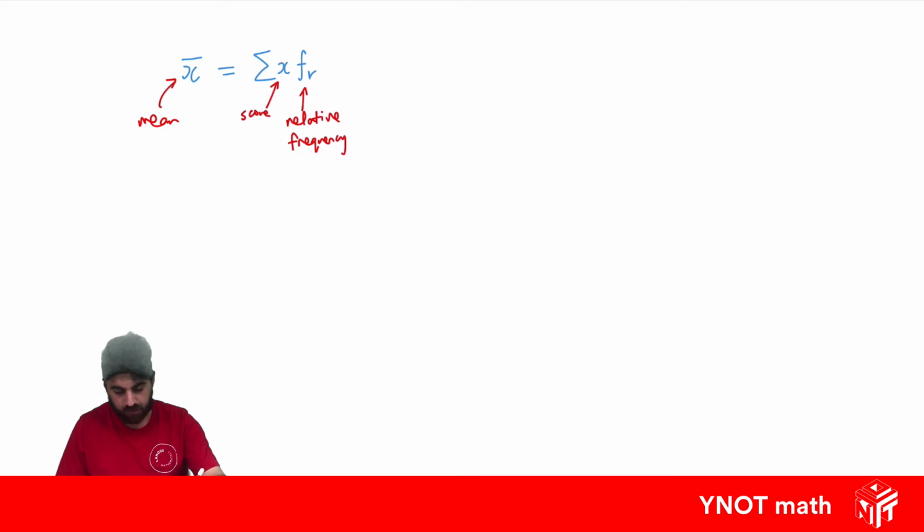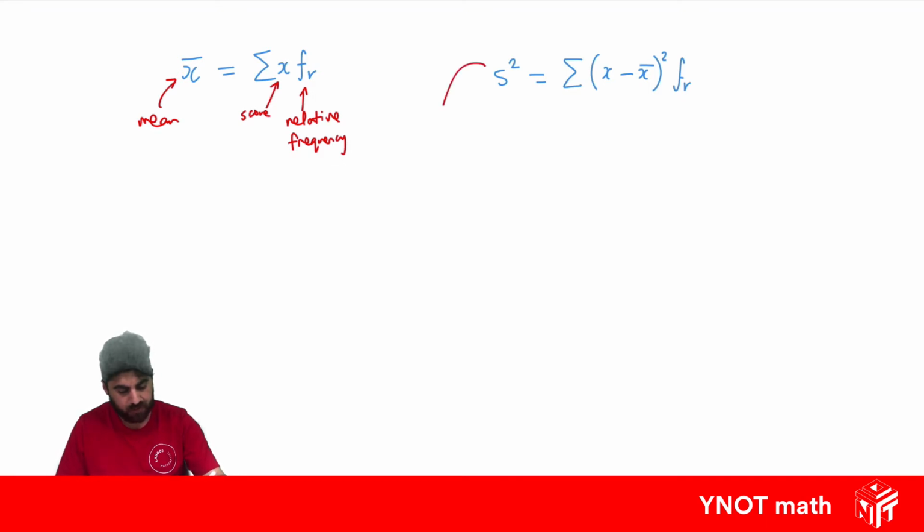Then we have a formula for sample variance, that S squared is equal to the sum of our scores minus the mean, all squared, multiplied by the relative frequency.